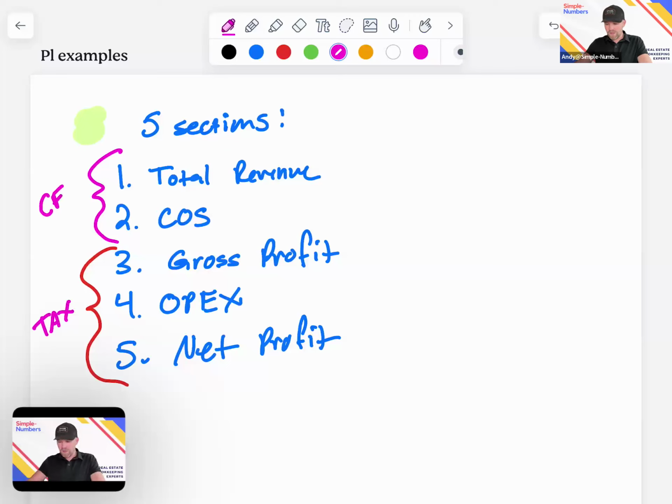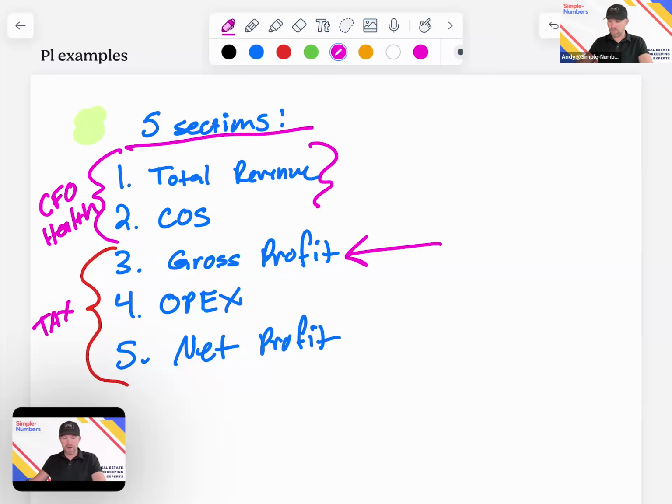But if we're really going to understand the health of the business and look at it like a CFO, like an entrepreneur, we've got to understand these 2, because this number, the gross profit, the percentage we have in gross margin, is key to profitability. If that number is too low, then we're never going to hit our net profit and you will be stuck in production. So those are the 5 sections of the P&L that we're going to look at.